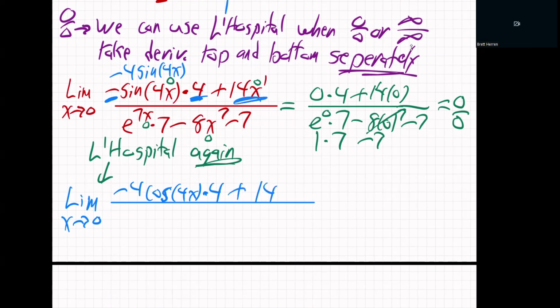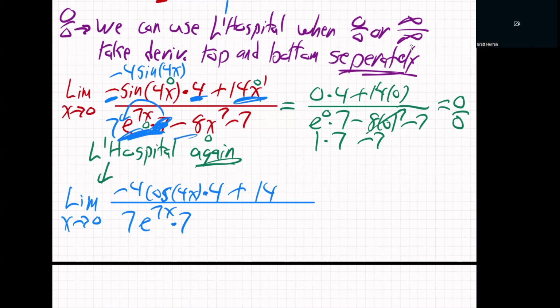On the bottom, let's just stick this 7 in the front. So 7, and then e to the 7x does nothing, and then out pops another 7 from the chain rule. That makes sense? I just put this 7 in the front, and then 7 e to the 7x stayed as it was, but then chain rule, derivative of the inside, 7x, the 7 pops out.